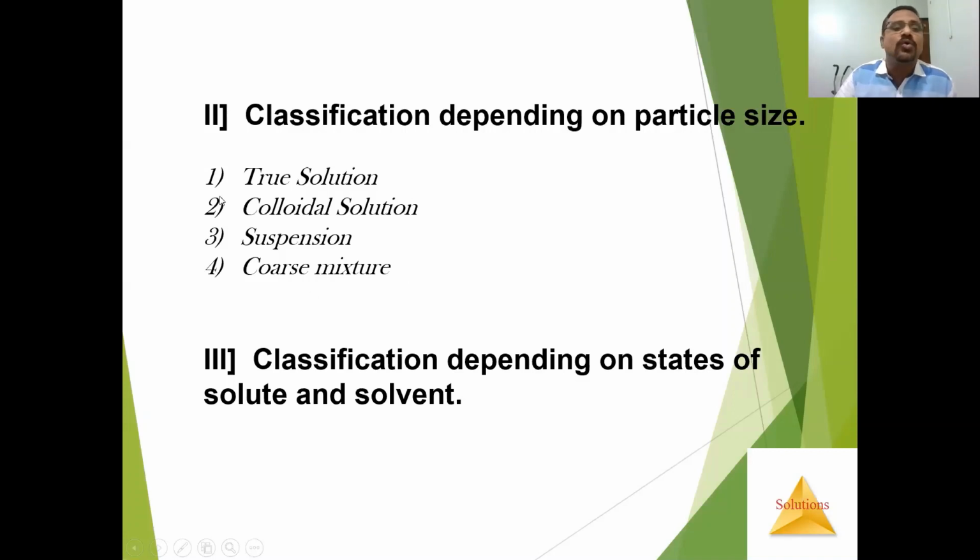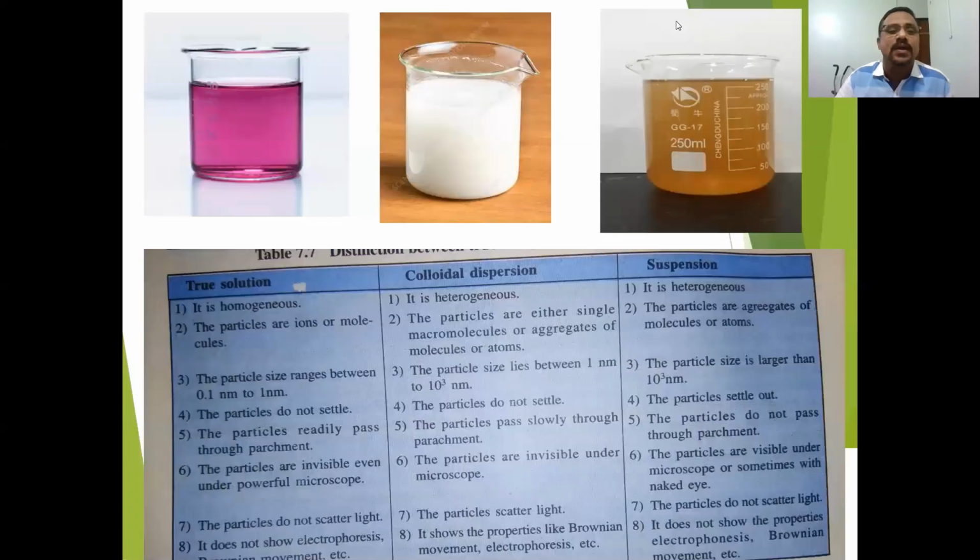So here we go for the third slide to know what is meant by true solution, colloidal solution, suspension, and coarse mixture in detail. This is the third slide in front of you. In the slide, you might be watching three beakers and a table.